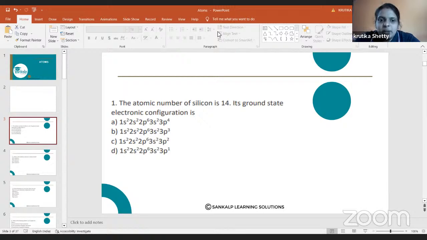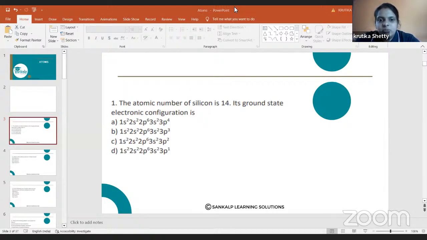Option A is 1s2, 2s2, 2p6, 3s2, 3p4. Option B is 1s2, 2s2, 2p6, 3s2, 3p3. Option C is 1s2, 2s2, 2p6, 3s2, 3p2. And option D is 1s2, 2s2, 2p6, 3s2, 3p1.